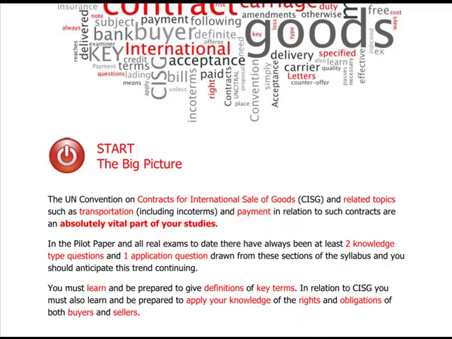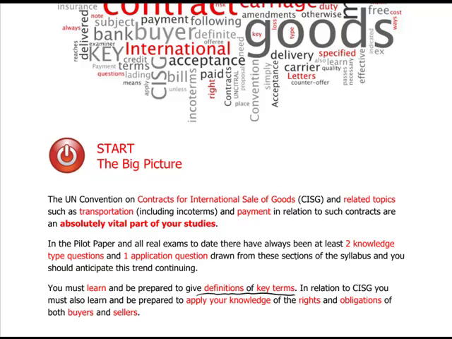You've got to learn and prepare to give definitions of key terms. Not difficult definitions. Again, it's just the volume of them and remembering them under exam situations.